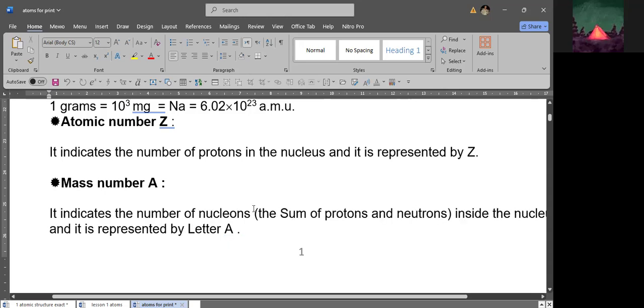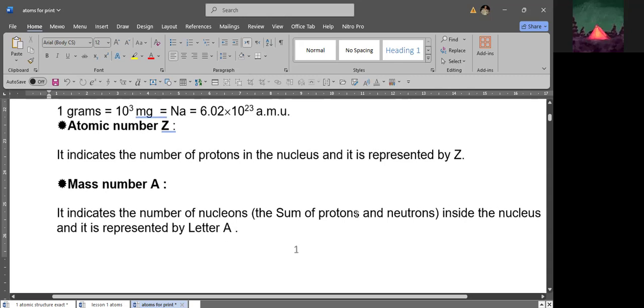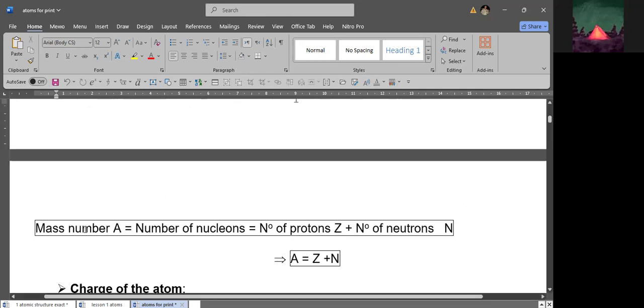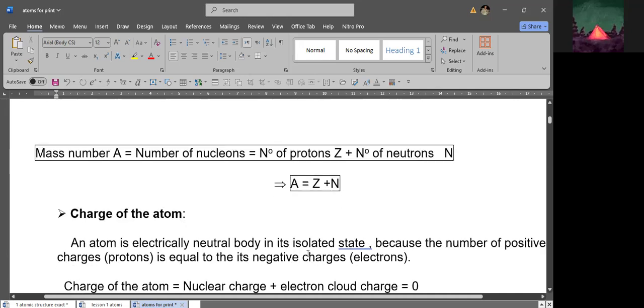The particles that exist in the nucleus, the sum of protons and neutrons inside the nucleus, represented by the letter A. So the mass number is the number of protons, Z, plus the number of neutrons. Shortly we can write A equals Z plus N.